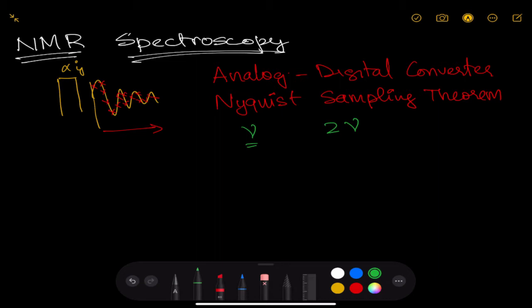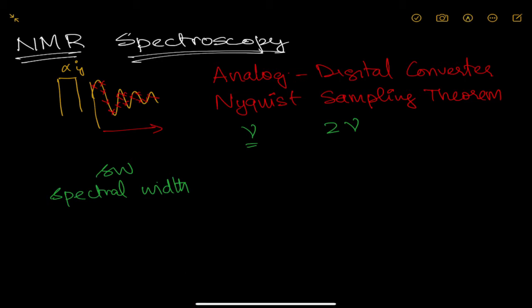So the Nyquist sampling therefore dictates that if you have a certain spectral width, where SW is going to be called the spectral width, traditionally this is also called the sweep width. Since we don't sweep anything anymore, we would refer to SW as spectral width. The moment you set a spectral width SW, the dwell time is going to be dictated by the spectral width, where the dwell time is going to be given as 1 over spectral width.